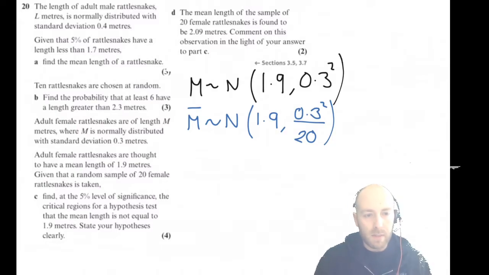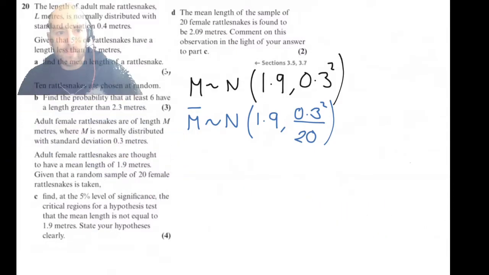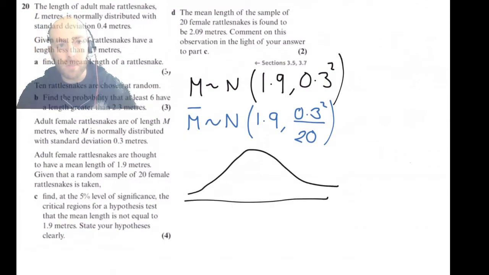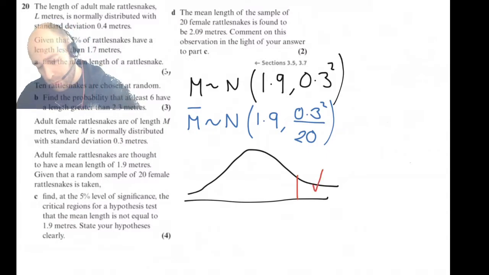All right, and we're testing at the 5% level, so we're trying to find these critical regions again. So we do a sketch. On the sketch, then we can put our 5% region. So we're trying to test if the mean length is not equal to this. So it's going to be a two-tailed test. We're going to have 0.025 up here and 0.025 down here.